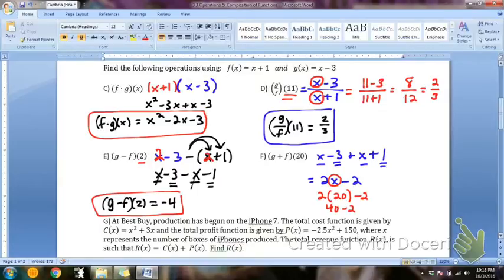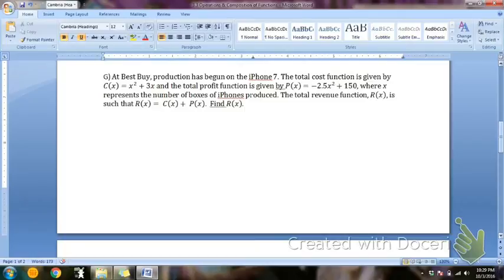So you should be getting 38. And remember, we always put the label on. G plus f of 20 equals 38. Okay? Alright, example G.